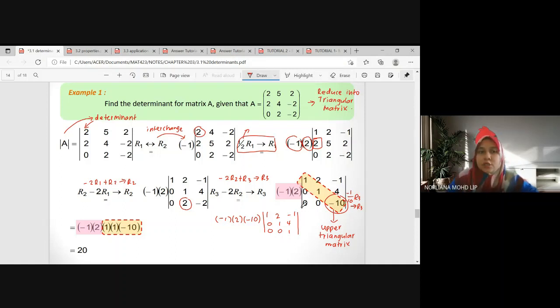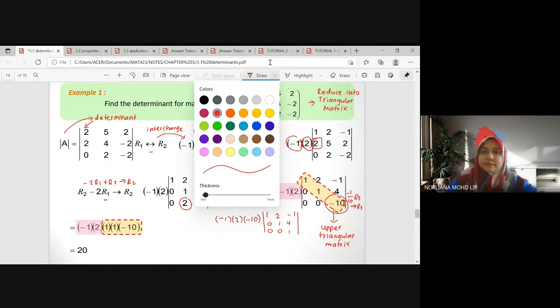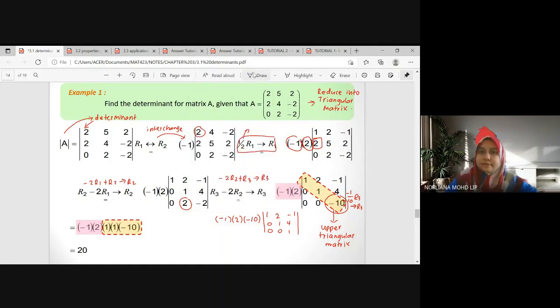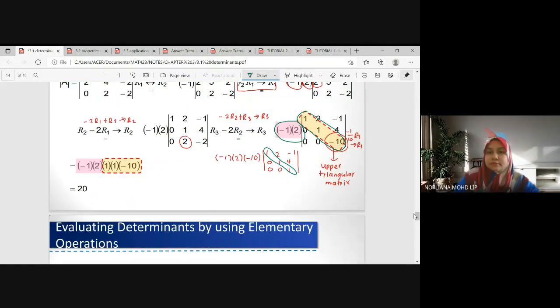Okay, so determinant of this matrix is equal to the product of main diagonal. Is equal to negative 10, the product of main diagonal. Ataupun yang ni sama. The product of main diagonal multiple with this. Negative 2, negative 1 times 2. Kat sini, you boleh dapat ni lah. Negative 1 times 2 times the product of main diagonal, 1, 1, negative 10.